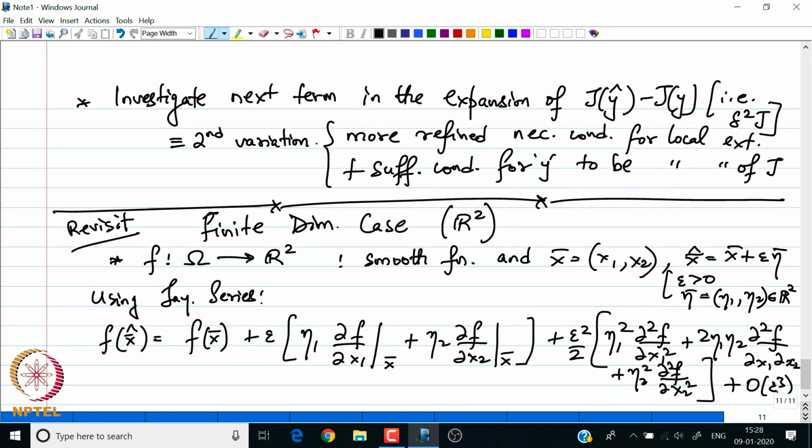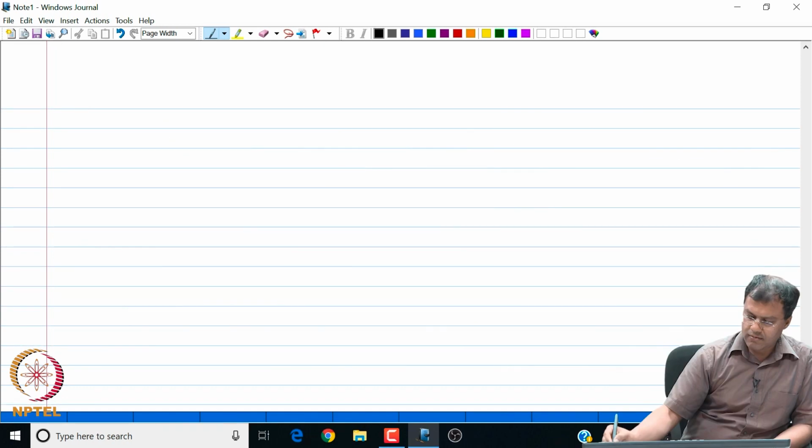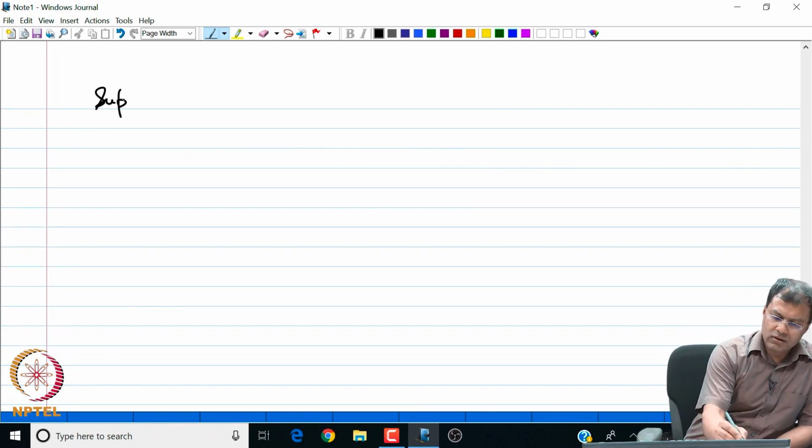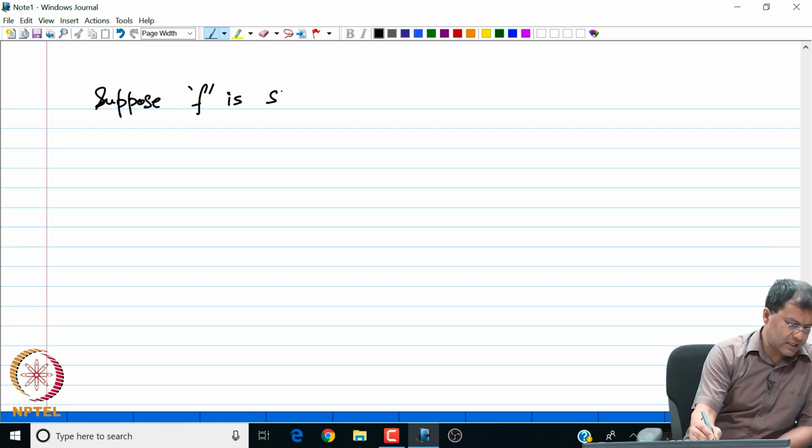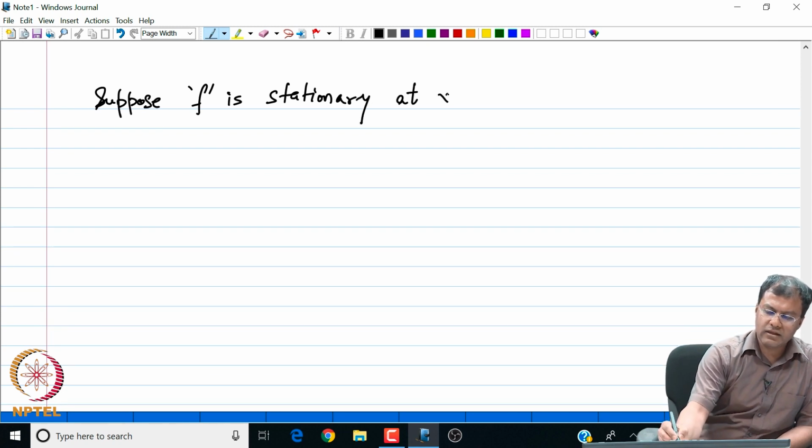So, let me write down this expansion in a shorthand notation, assuming that x bar is an extrema. Suppose f is stationary or has an extrema at the point x bar.